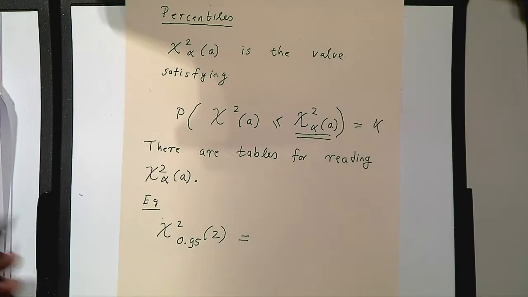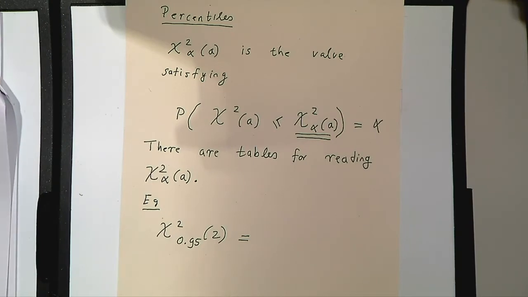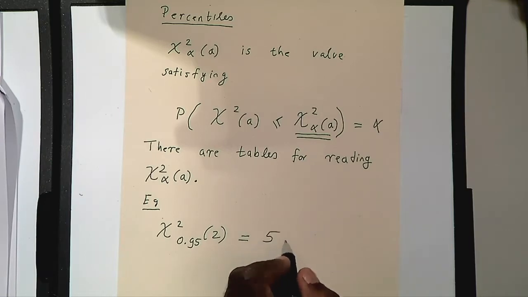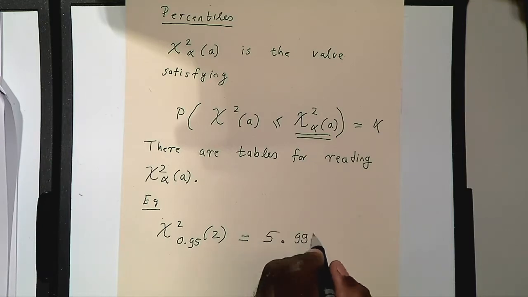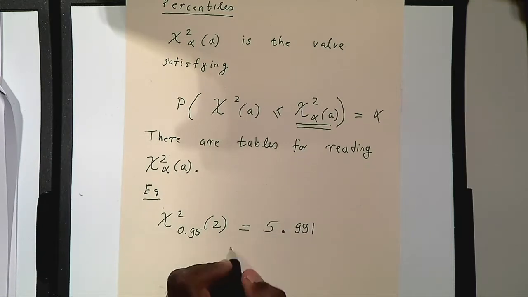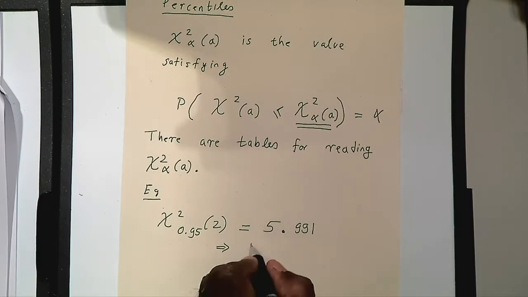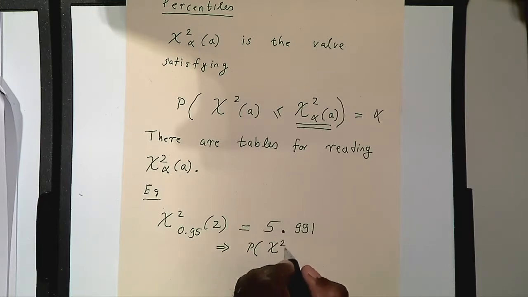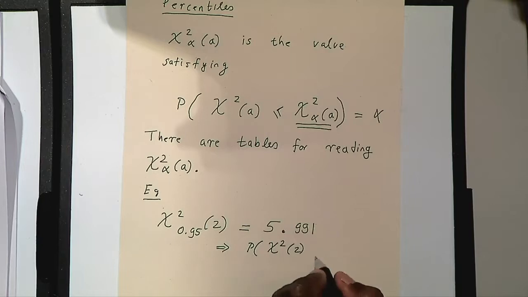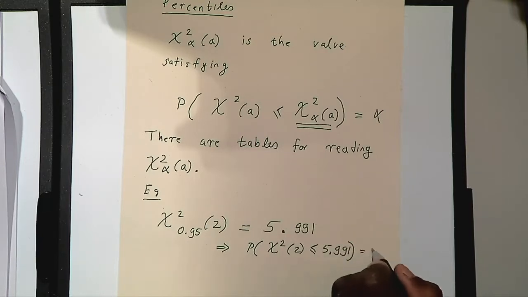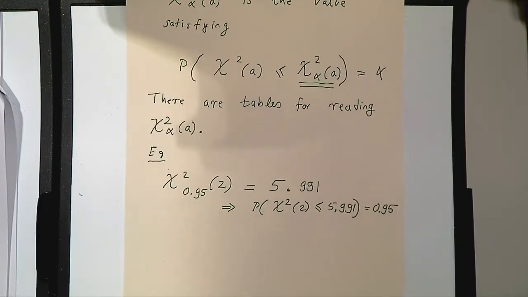So you look for 0.95 along the first row and 2 along the first column, and you get 5.991. What this implies is that the probability that a chi-squared variable with 2 degrees of freedom is less than or equal to 5.991 is equal to 0.95. That's what this means.